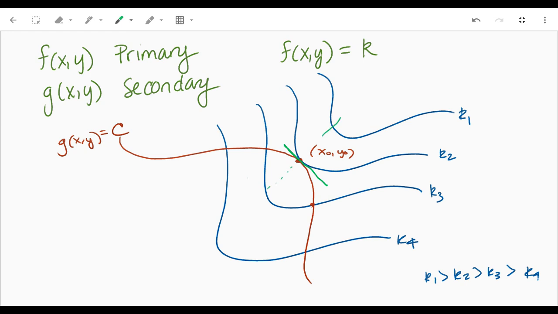And what we just learned is that the normal line that moves through those level curves is the gradient. So they have the same gradient vector direction. So we're going to have the gradient of f of x, y, I'm going to do it at that point, is some scalar multiple of the gradient of g.